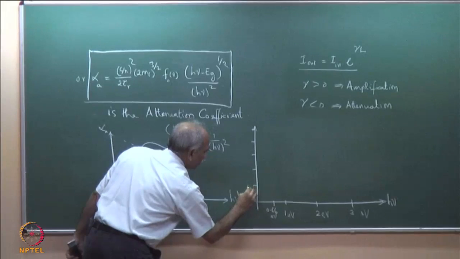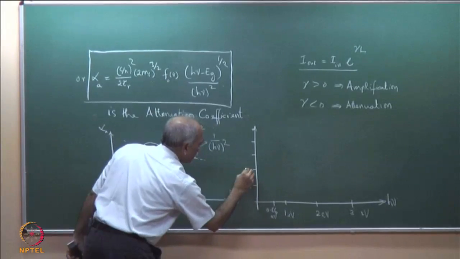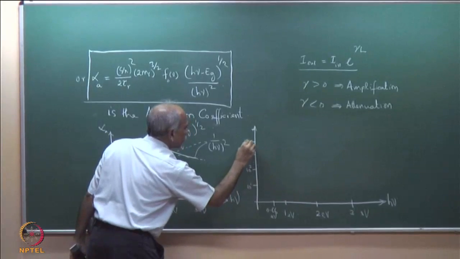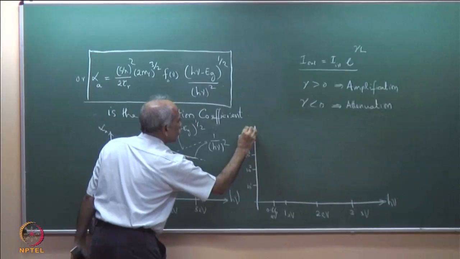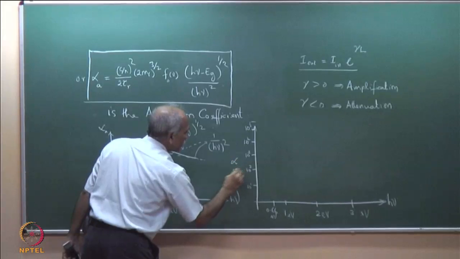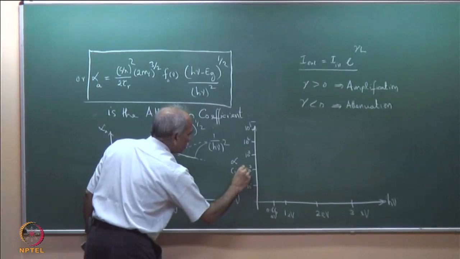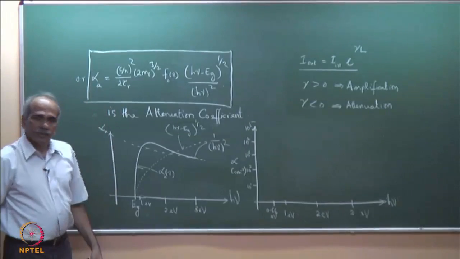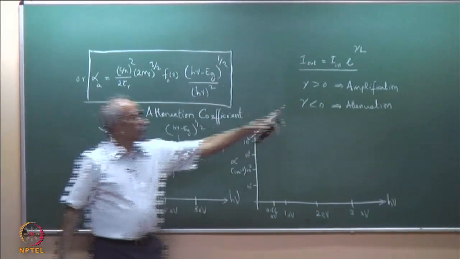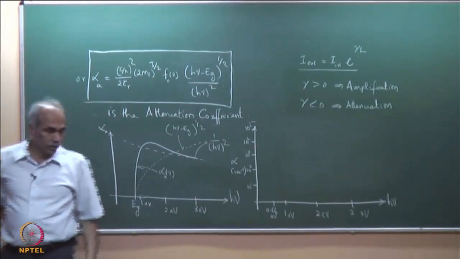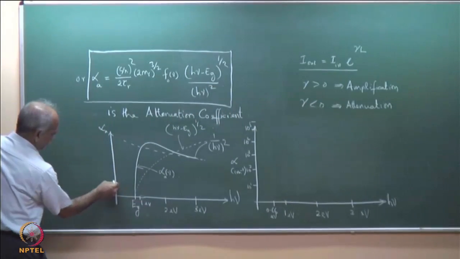So, this is 10 to the power 1, 10 to the power 2, 10 to the power 3, 10 to the power 4, 10 to the power 5, alpha in centimeter inverse. You can see alpha has an inverse length dependence, centimeter inverse.